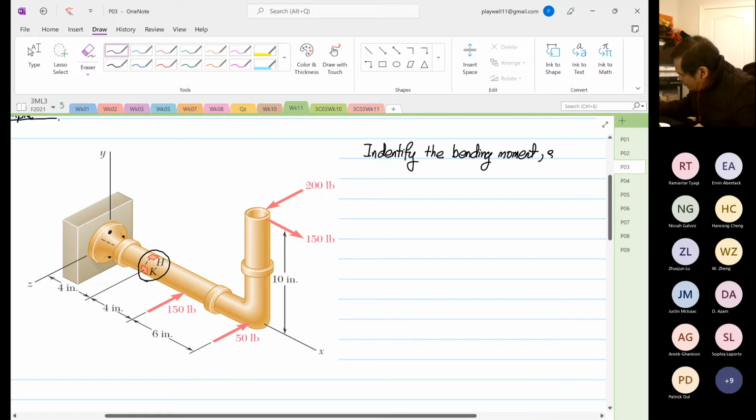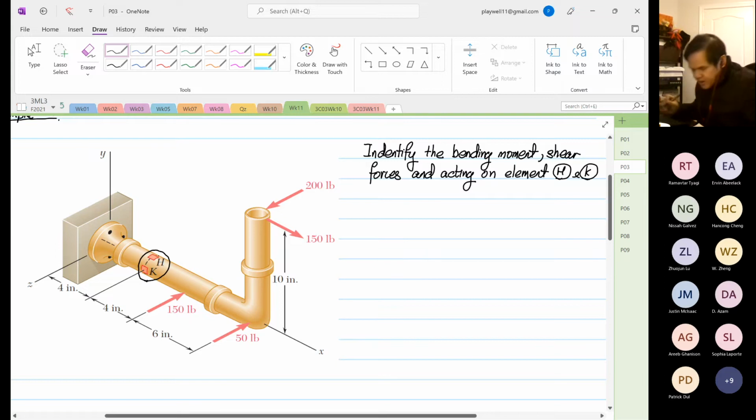We are going to identify what are our shear forces and torque acting on elements H and K. Okay, so H and K are our point of interest.